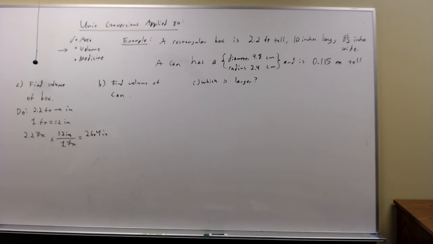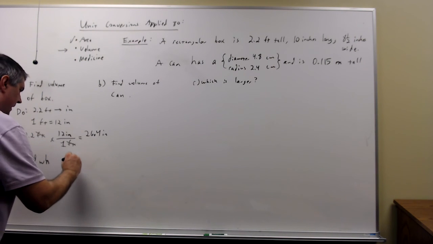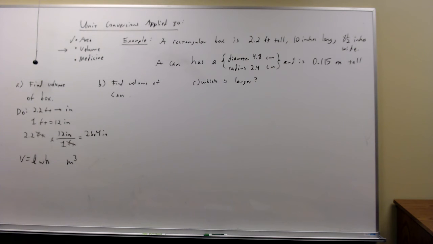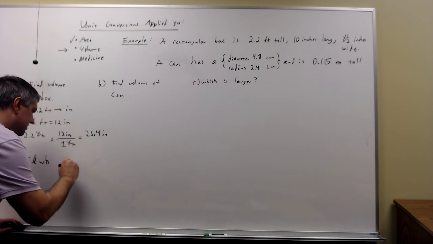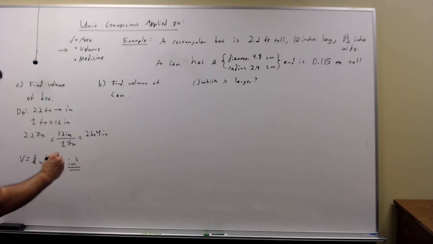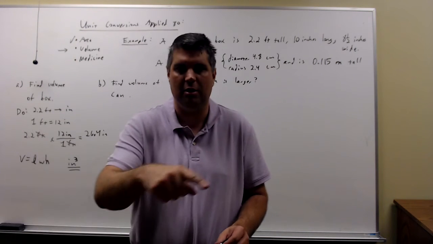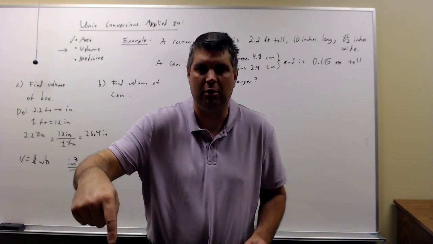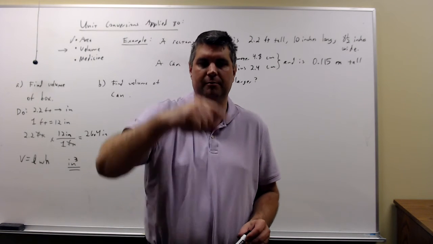Okay? So volume equals length times width times height, and it's going to be in cubic inches because we're dealing with volume. That's 3 dimensions: width, length, and height.